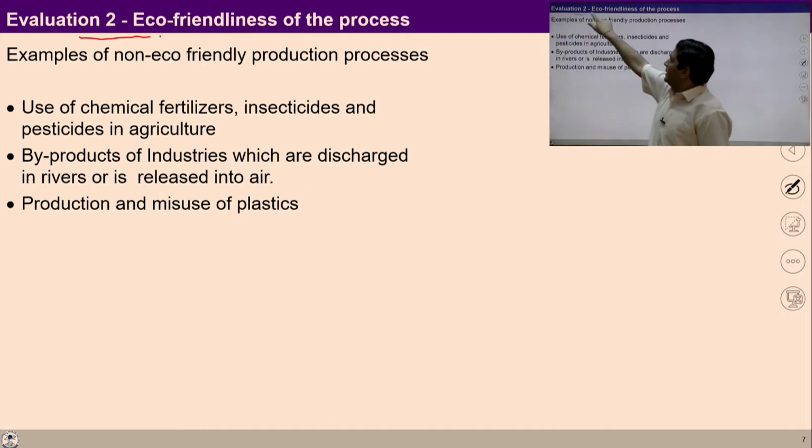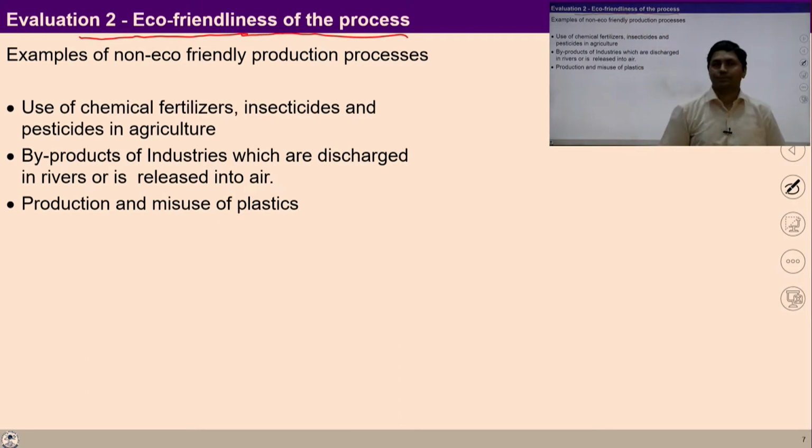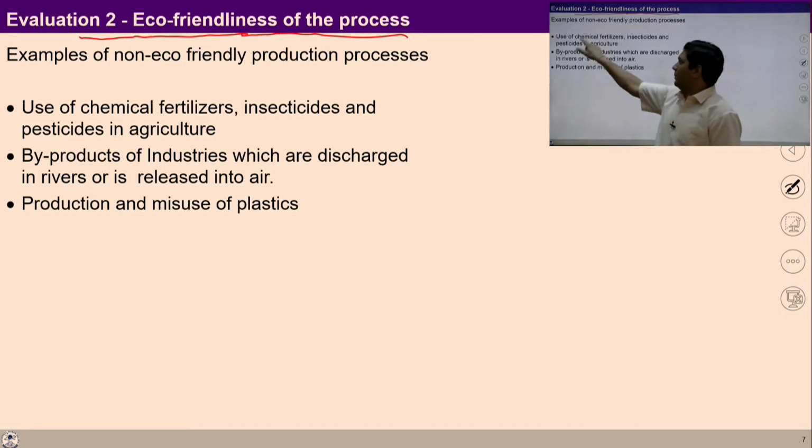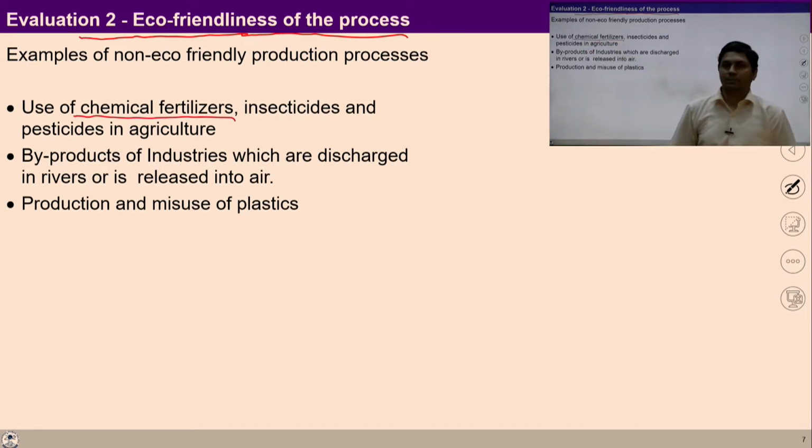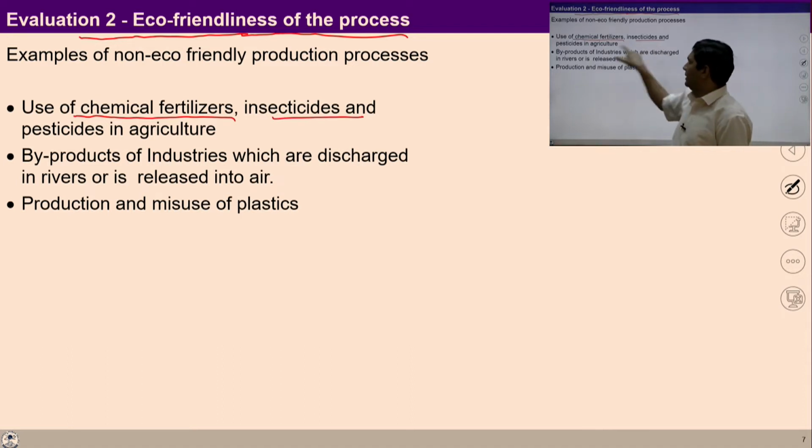Then there is another way to evaluate the production processes. Number one, eco-friendliness of the process. Whatever is being produced in the society, whether it is eco-friendly or not. For example, if we are using chemical fertilizers, insecticides, pesticides in agriculture, are these substances eco-friendly?